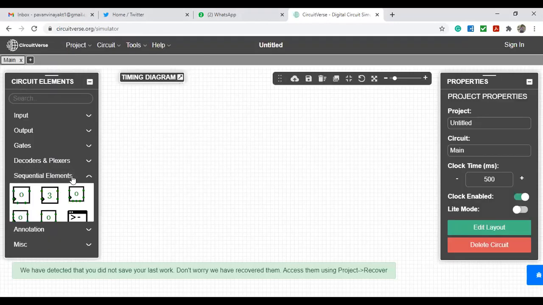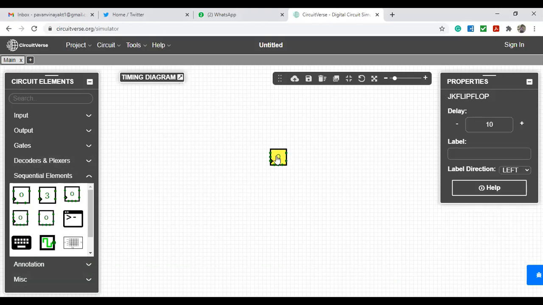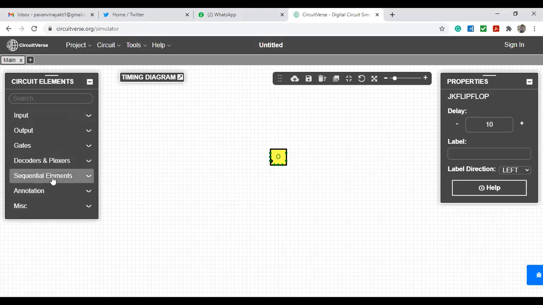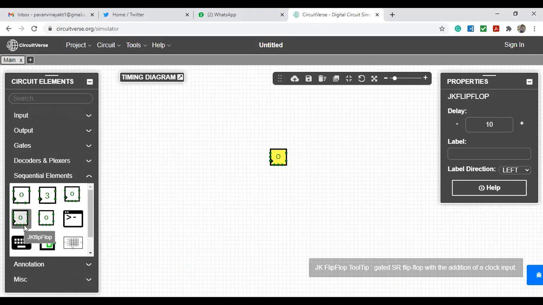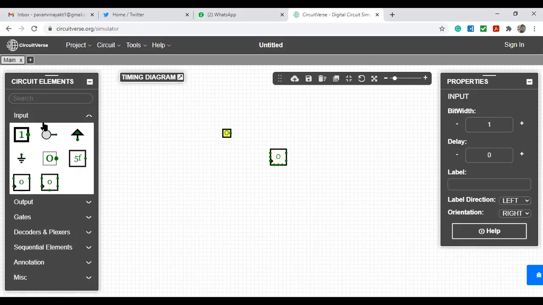In the circuit, I am taking the sequential element, the JK flip-flop, directly, because the clock signal here is level triggering, not edge triggering. The flip-flop has two inputs, this is J, this is K, and the clock.